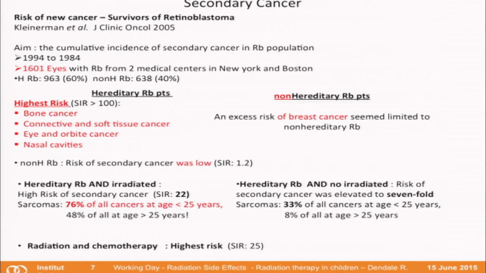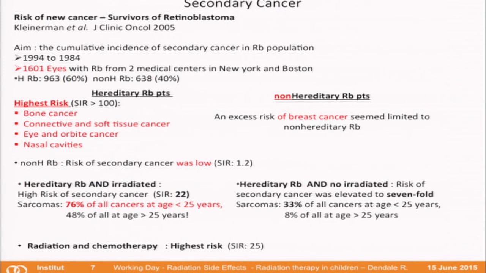100 eyes were analyzed from retinoblastoma patients from 2 medical centers, New York and Boston. They found for hereditary retinoblastoma a high risk of bone cancer, connective and soft tissue cancer, eye and orbit cancer, and nasal cavity cancer. For non-hereditary retinoblastoma, there was an excess risk of breast cancer, but the risk of secondary cancers was low.